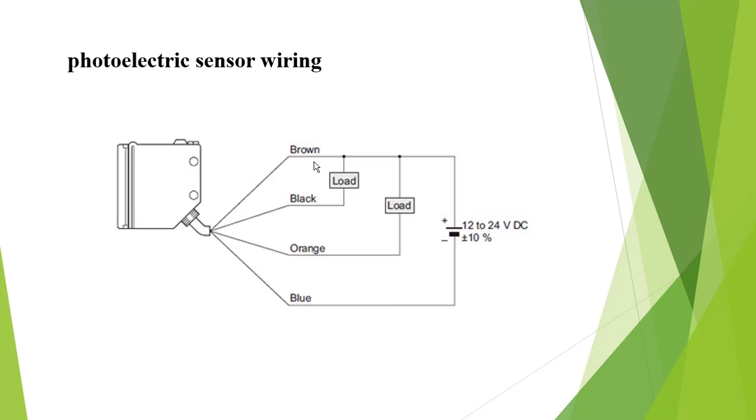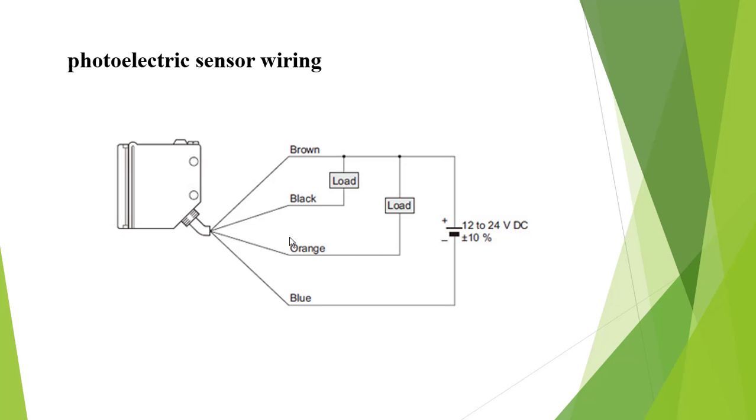Brown is positive, connection positive 24 volts. Blue is negative, connection 24 volts DC negative side. Black is normally open, connected to the PLC input module or relay.